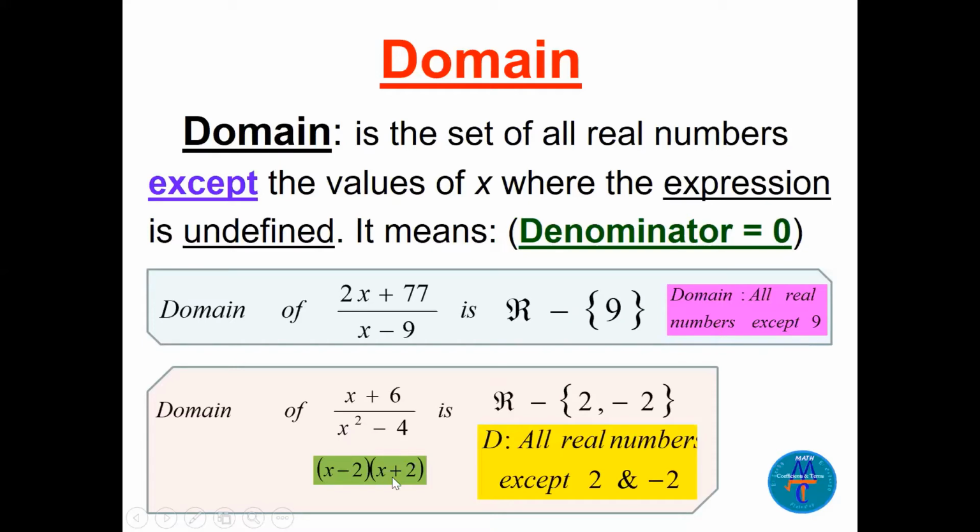So these two numbers should be outside the domain, because domain, again, is the values of x that we can replace or substitute in the expression. We cannot substitute x equals 2. We cannot substitute x equals minus 2. So we say the domain is R except 2 and minus 2. Two values should not be in the domain.